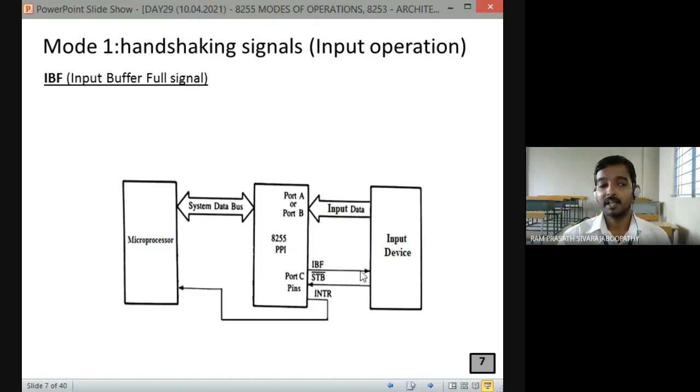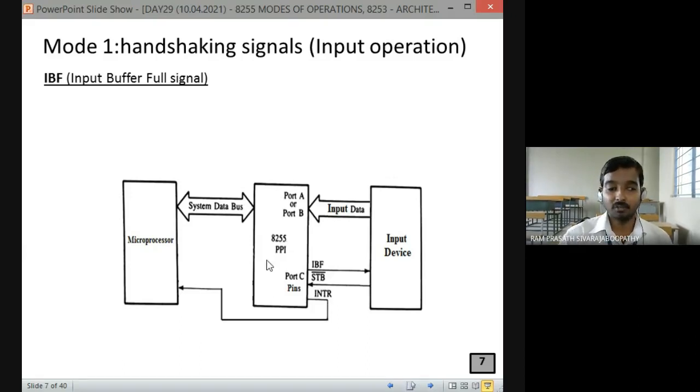So what is the meaning? First the strobe signal came, the data from the input device was read, and stored in port A. Now the input buffer is full. That means I have told the input device that I cannot accept further data. So the input device has to wait till the data is transmitted to the microprocessor. Fine.